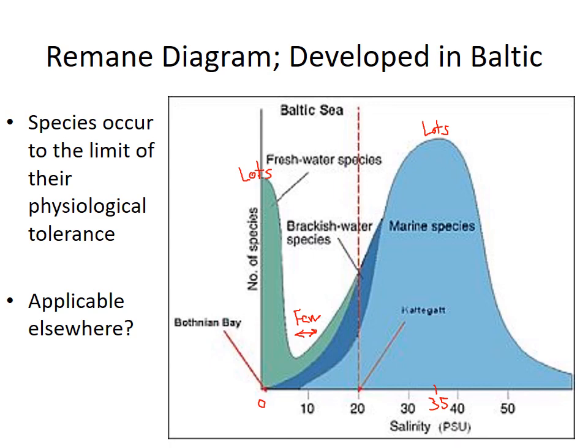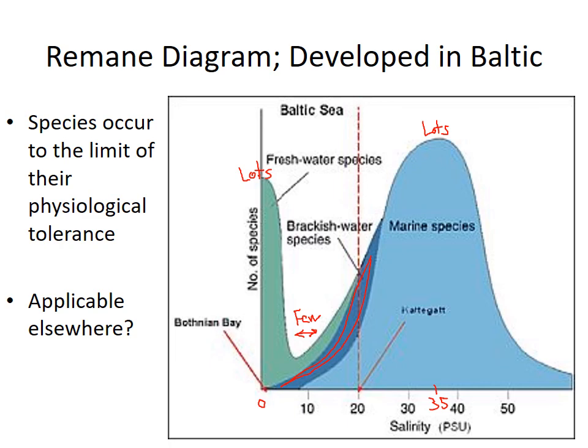So he theorized that there were relatively few species that were really true estuarine species adapted to low and in-between salinity levels, whereas there were lots of purely freshwater species and lots of purely saltwater species that could just kind of partially tolerate the estuary.